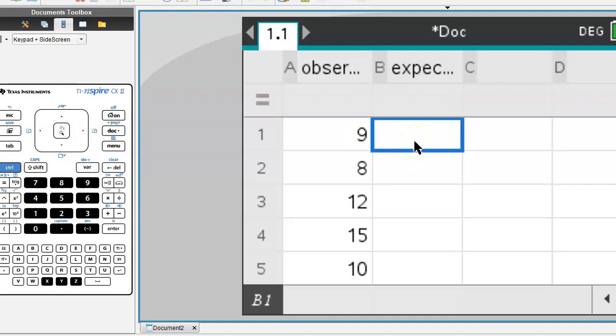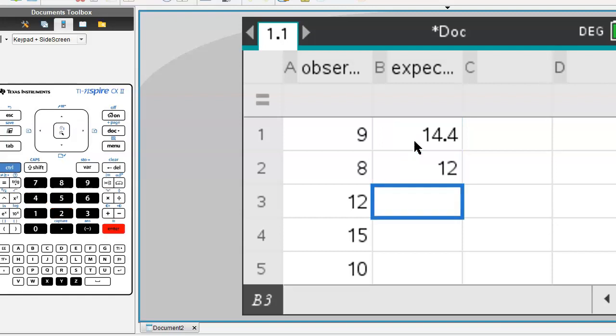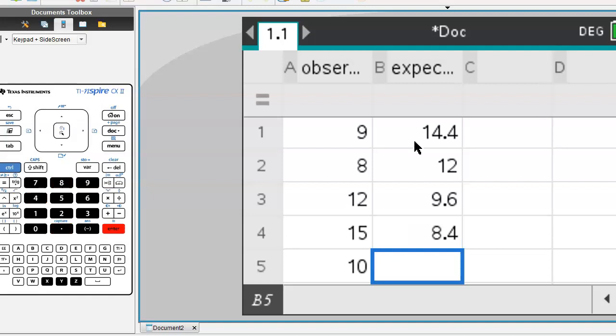We were told that out of the 60, based on what Mars Candy Company was publishing, we should expect 14.4 M&Ms that were blue, 12 that were orange, 9.6 that are green, 8.4 that are yellow, 7.8 that are red, and 7.8 that are brown.